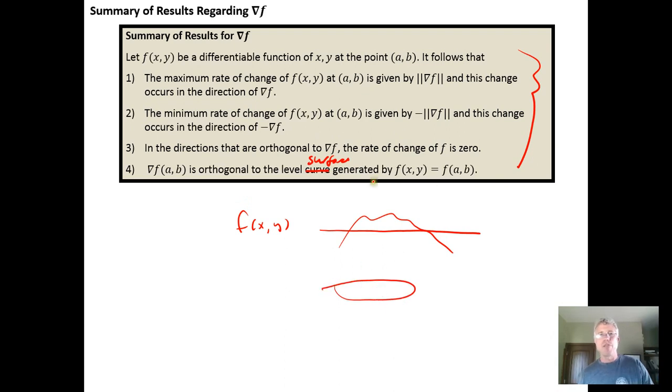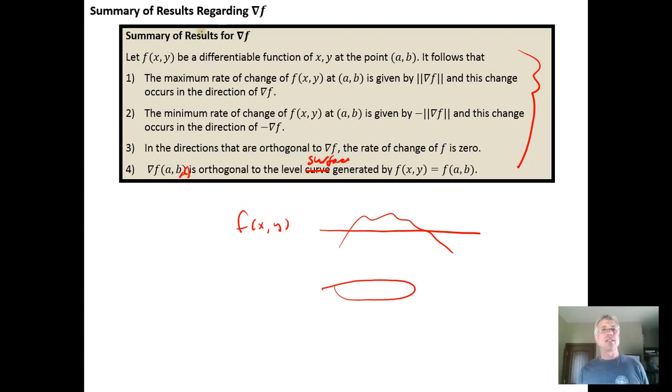Well, when we have a function of three variables, the graph of it, if you could actually graph it, lives in four-dimensional space. So instead of a level curve in the xy plane, you get a level surface in your three-dimensional xyz coordinate system, and your gradient will be orthogonal to that surface.